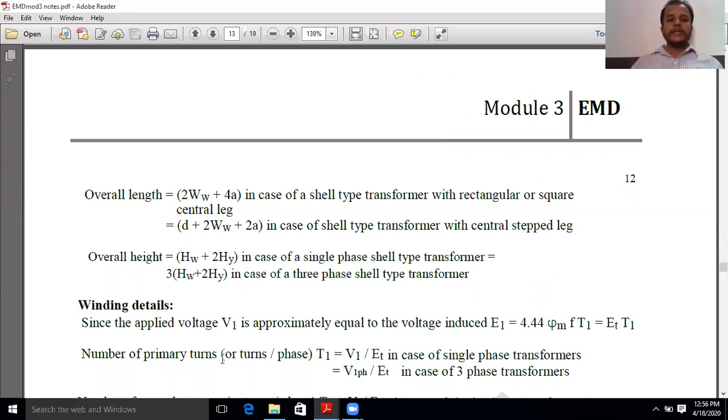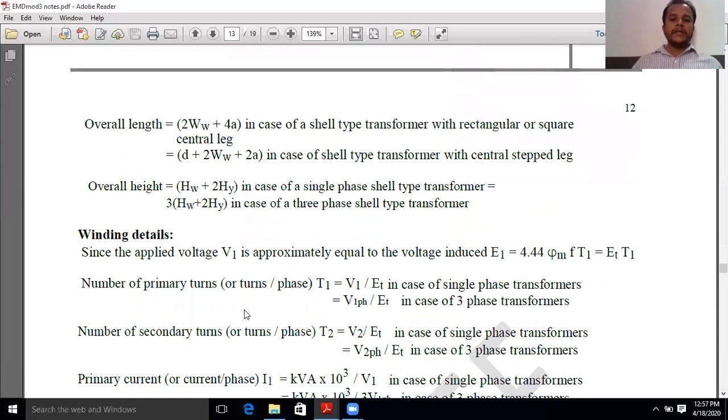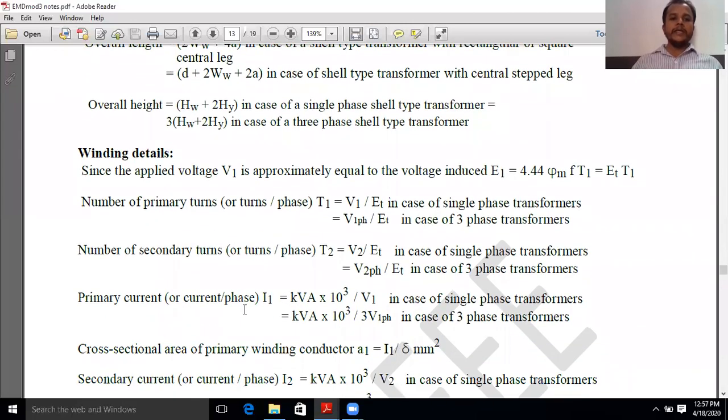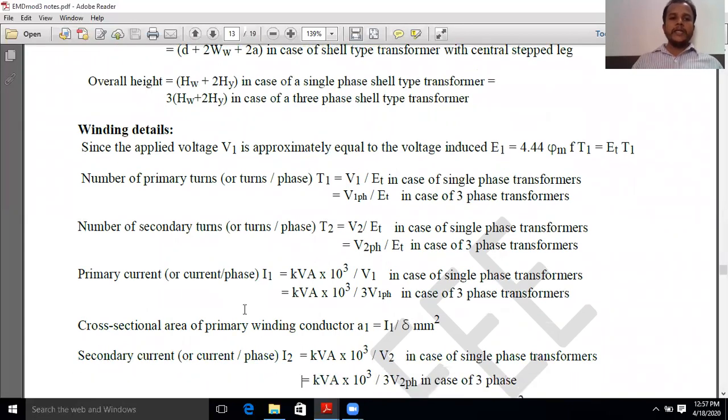Now we will discuss the first topic of today's discussion, that is winding details. Normally the transformer has two windings. One is the low voltage winding LV and the second is the high voltage winding HV. Now we need to estimate the number of turns of the transformer and the area of cross section of that particular winding.